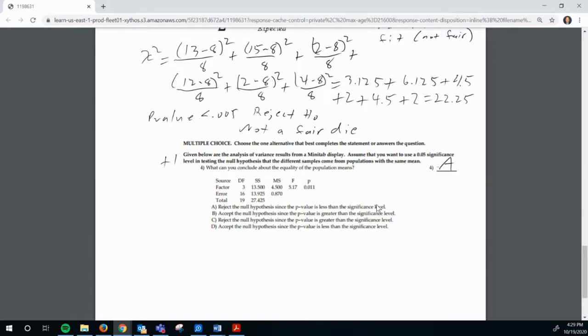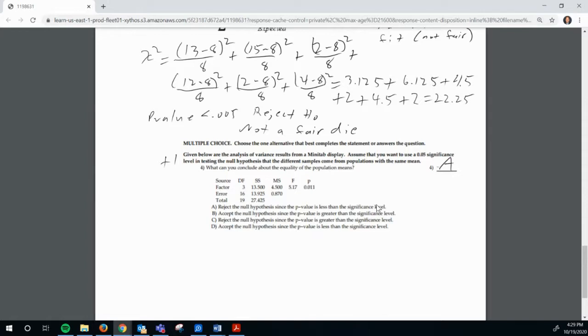So the p-value is 0.011, and that's when we had a 0.05 significance level. In general, that means the probability that we'd get this much variability by random chance is about a 1% chance. So we would reject the null, and we say there is significant evidence that there is a difference in one or more of the means. They're not all the same.